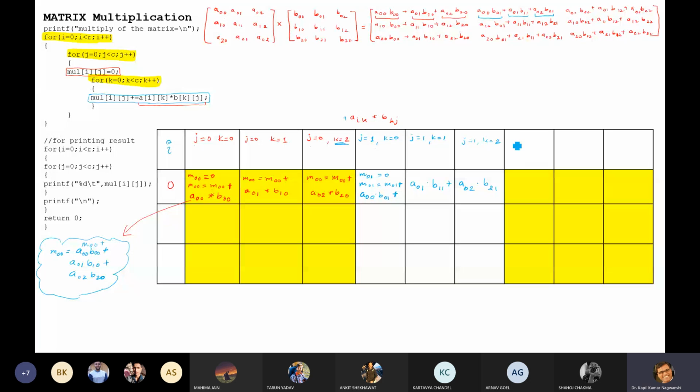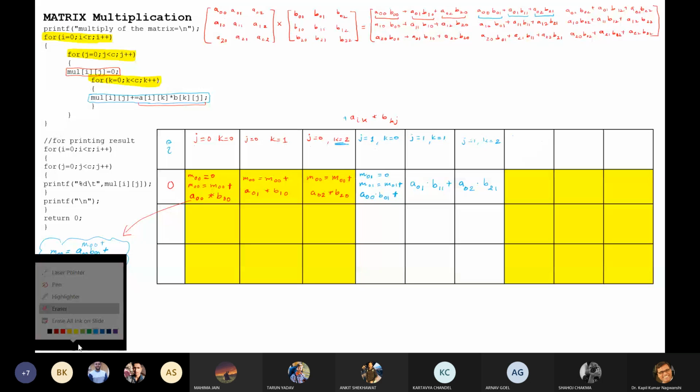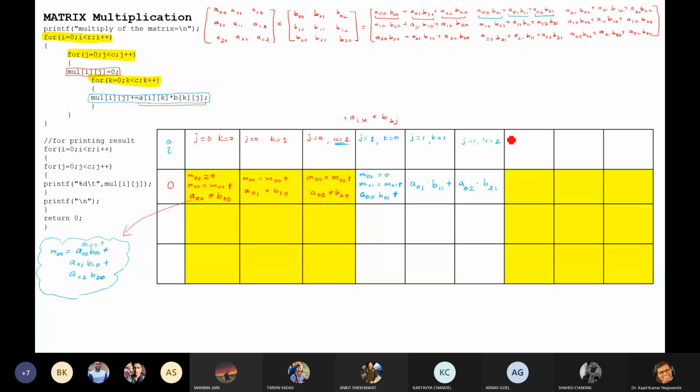So J is incremented to 2 and K is equal to 0. Now what will be the value?